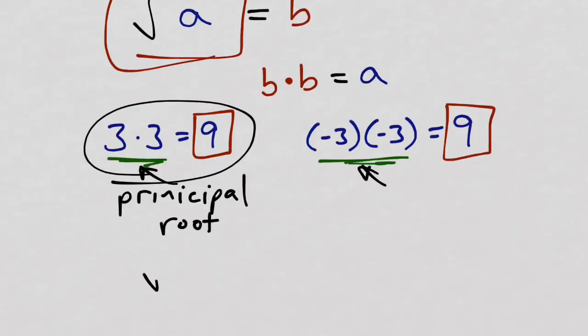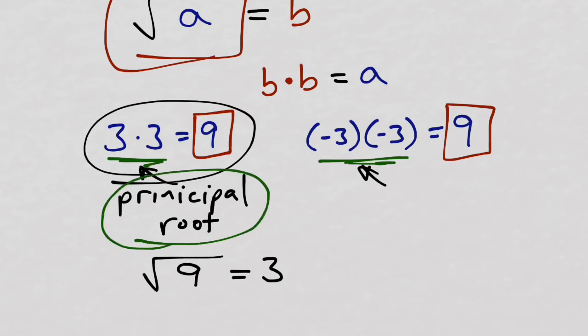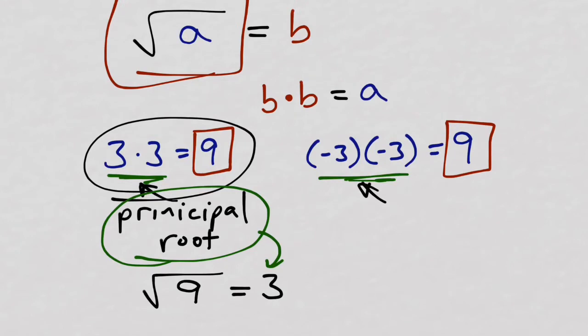If I have the expression square root of 9, that simplifies to positive 3. Again, positive 3 is called the principal root of 9. But in a technical sense, we could also think of negative 3 as a square root. So negative 3 is also a square root, but it's not the square root. It's not what we think of as the principal root.